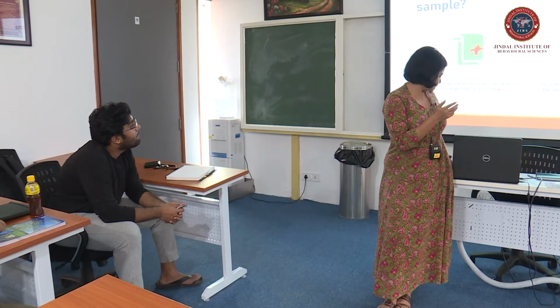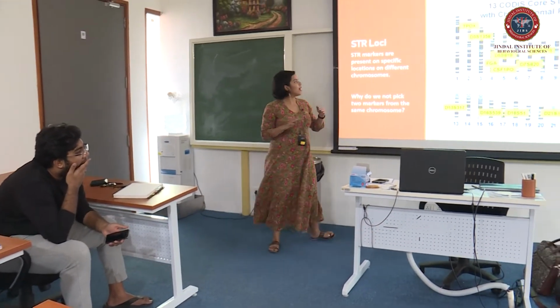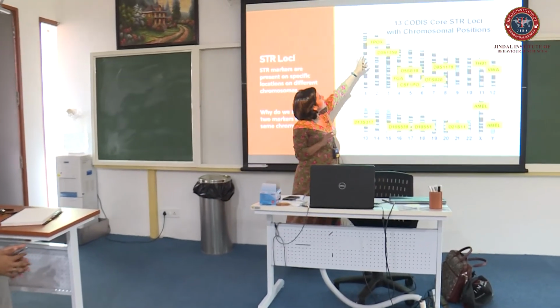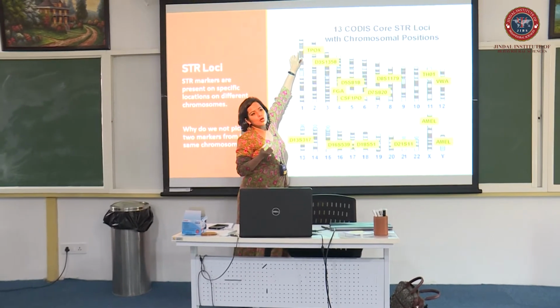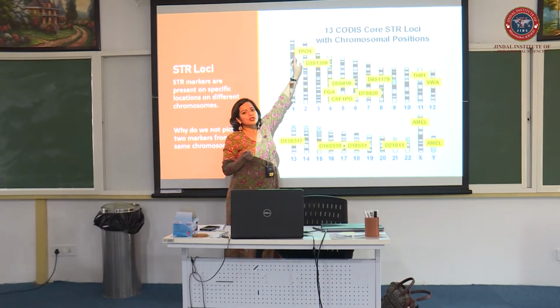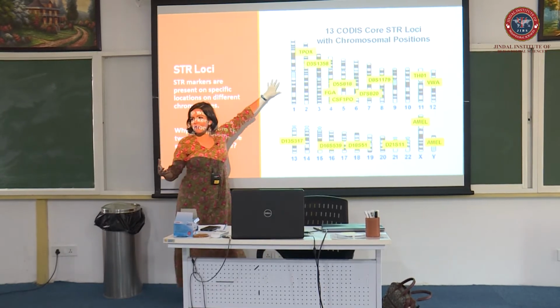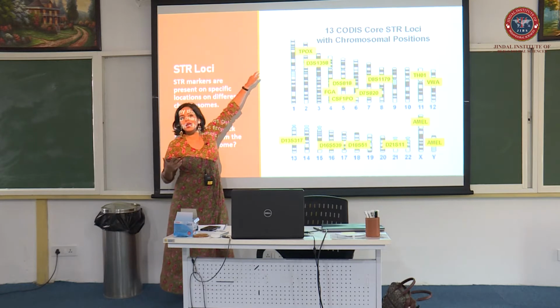Is that clear? So yes, the location of them are fixed on the chromosomes. For every chromosome 1, whatever the unit is that is repeating, you'll always find it at this location called TPOX. So henceforth, whenever you see a DNA profile, it will have these names.